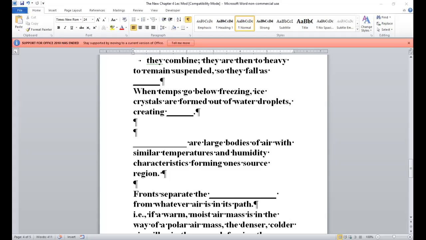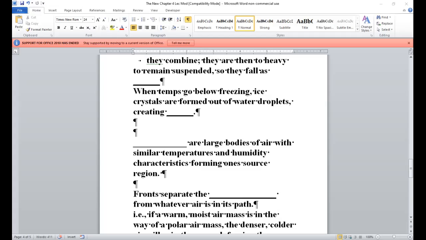Weather forecasters in each location on Earth have to deal with these elements of weather in the context of the local environment, which leads me to break this down even further into air masses. Air masses are large bodies of air with similar temperature and humidity characteristics, forming in a region's source region.